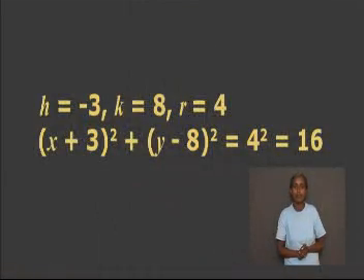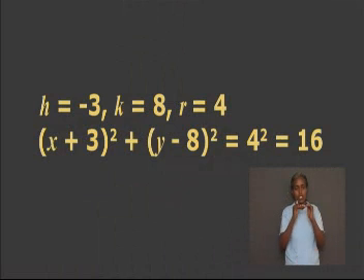When h equals -3, k equals 8, and r equals 4, the equation of the circle is (x plus 3) squared plus (y minus 8) squared equals 16.